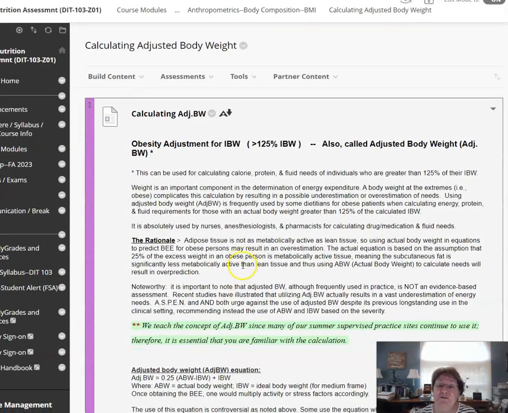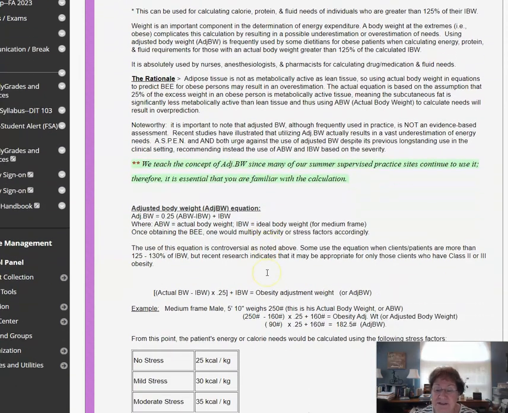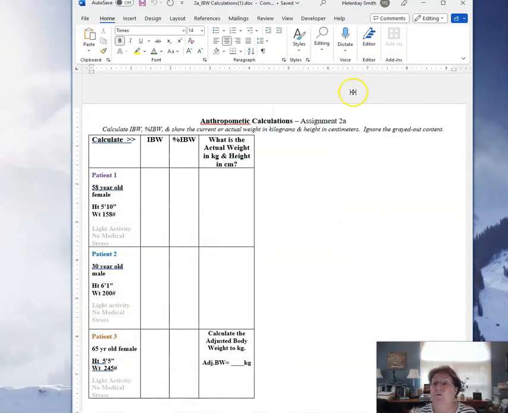Clicking in this formula, I won't torture you through all of these details, but you will need to study this a little bit. In order to use this formula, we need the weight in kilograms for adjusted body weight. So I'm having you come up with that adjusted body weight and then convert that to kilograms.